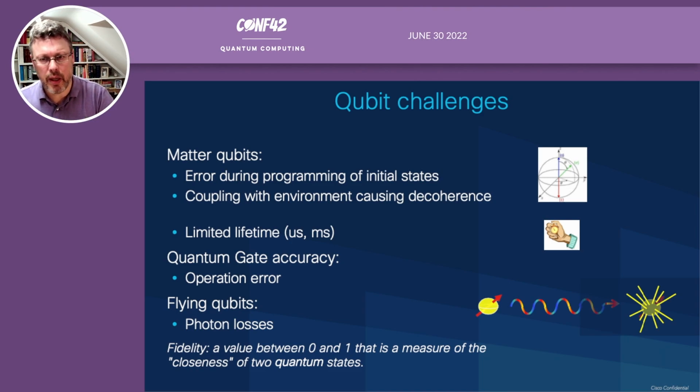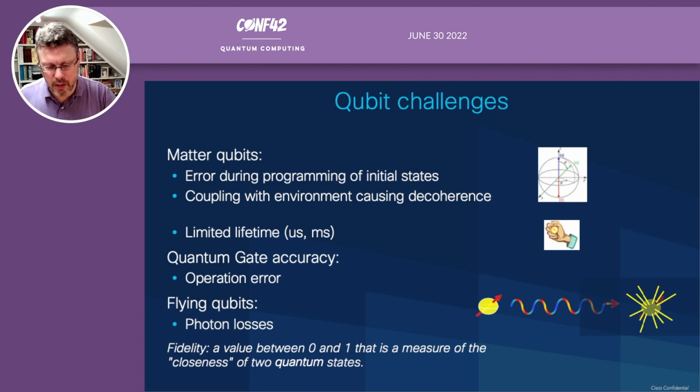The other sorts of problems that we have at this level are operation errors. So is the gate or the device faithfully acting on the qubit in the way we expect it to? And again, because of the interaction with the environment, that may not necessarily be the case. Not because it doesn't want to behave appropriately, but because that's the way physics works at that level.